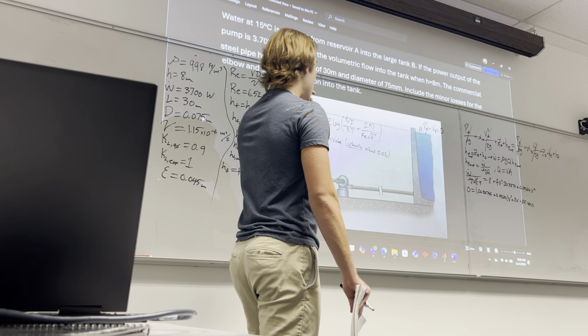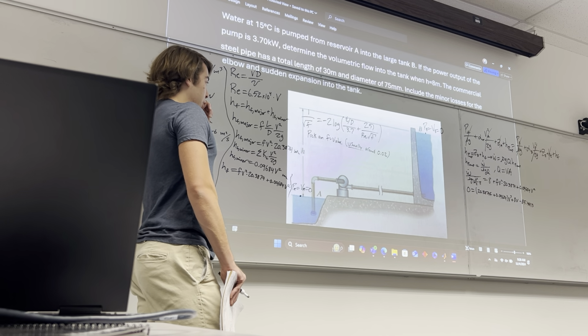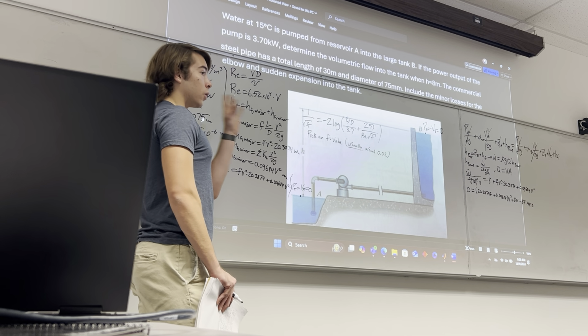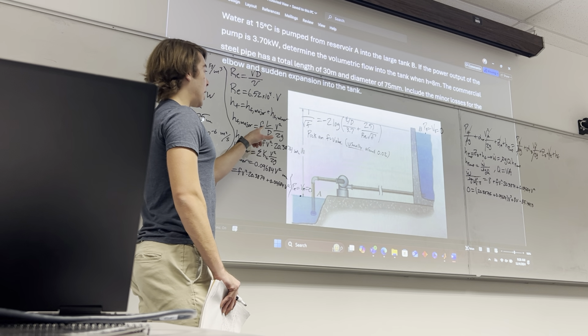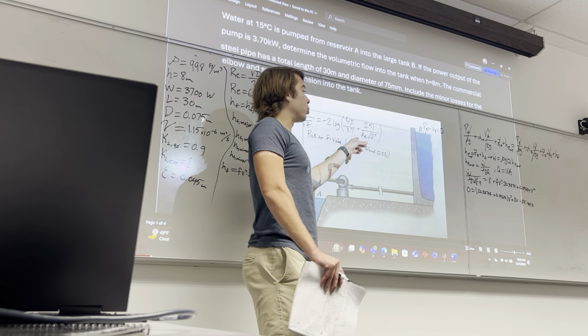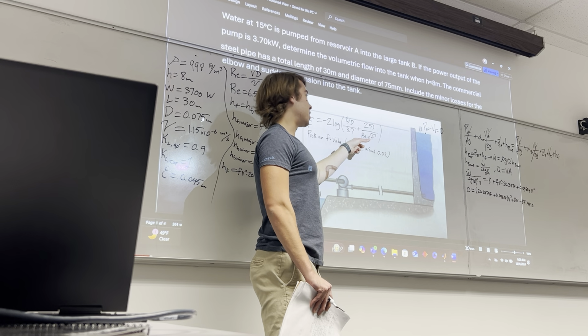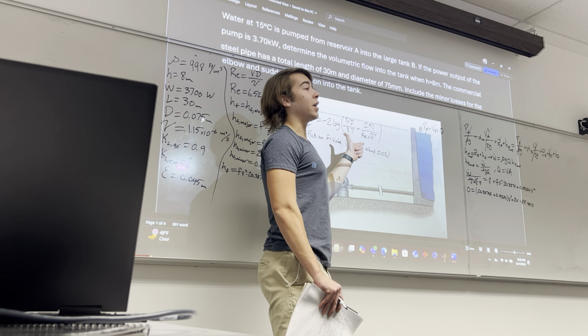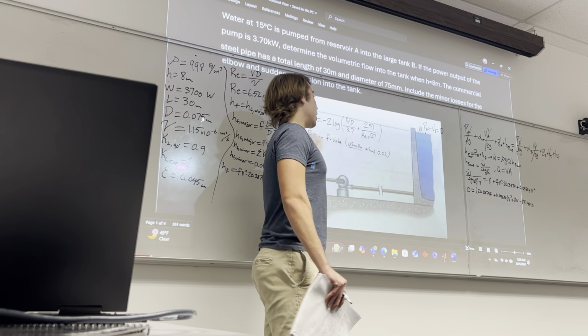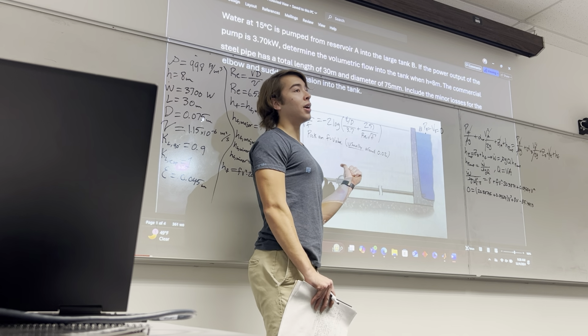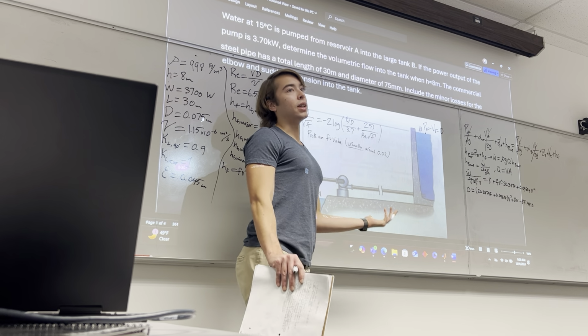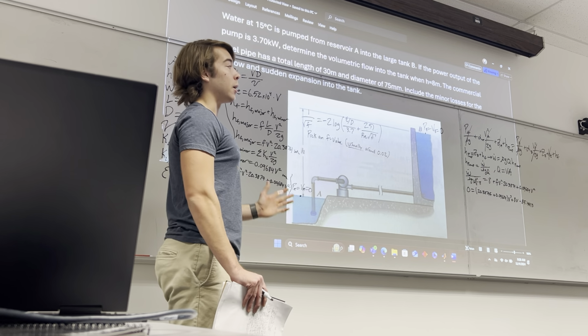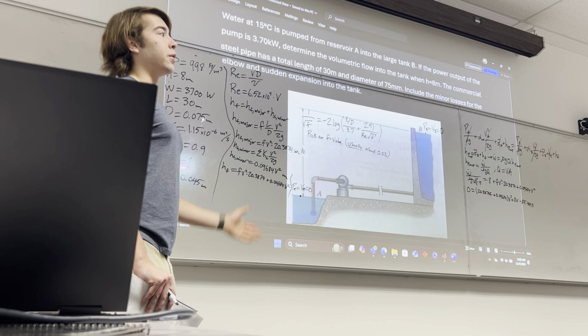The way I would do this, I would pick a random velocity value, and from that velocity value I'd get some random Reynolds number, then I'd pick a random f value and start iterating. Then I get a new f value, and so I'd have to get a different velocity value, blah, blah, blah. You can see this would suck to do on an exam. You could say you're gonna do this all day if you wanted to.